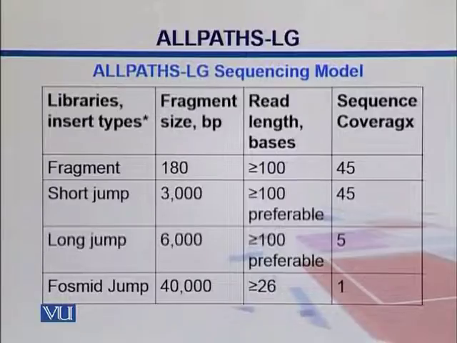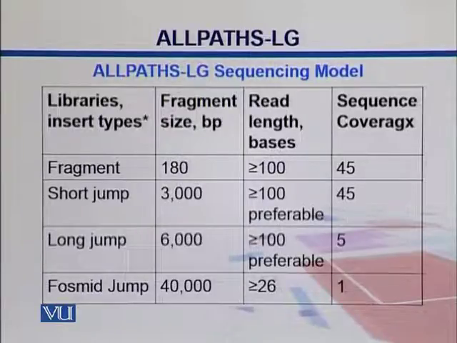Again, the read size is similar, but here we can compromise on even low coverage, up to 5x. And for fosmid jumps, where we are using huge fragments of 40,000 base pairs, the read lengths are smaller, and if we are using this kind of library, even 1x coverage is okay.